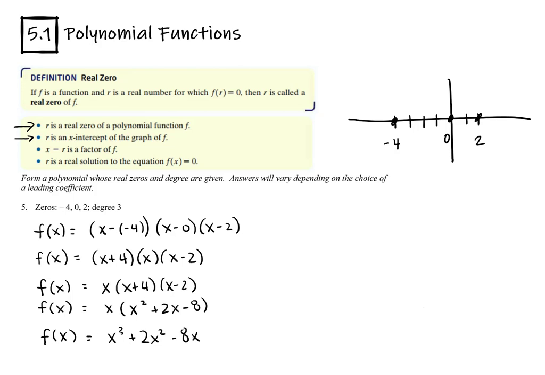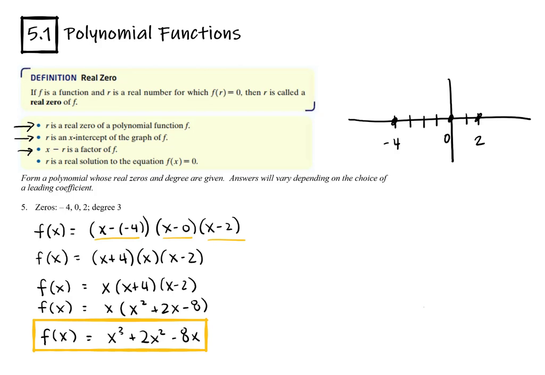And so by starting off with all of those factors being individual little factors written in this format, I was able to simplify and multiply and get my function. And here is my polynomial. It is third degree because my highest power is x to the power of 3. And there we go.